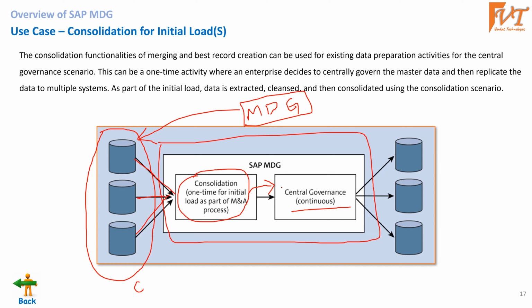Now they test the quality of the master data here. If the governance rules are applied, the data is quality tested, and they ensure the consistency is there and everything is fine, then they replicate that master data to the respective source systems.